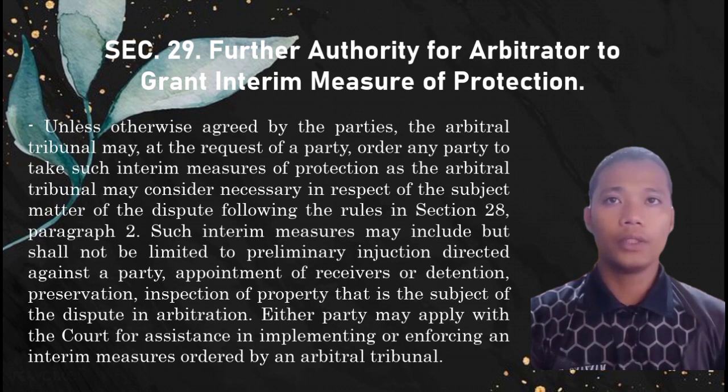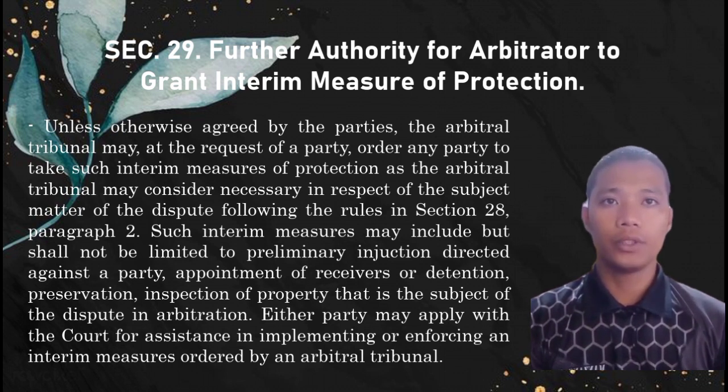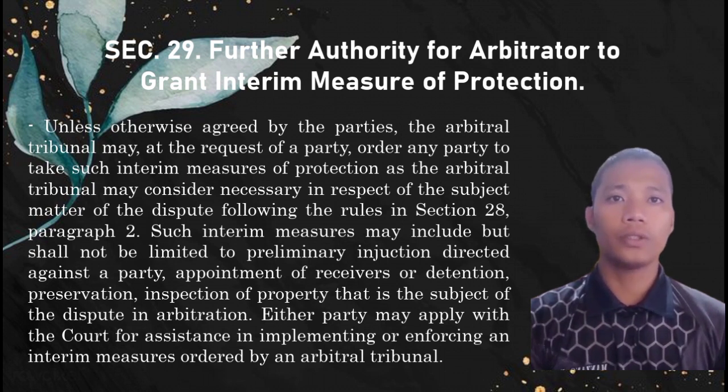Number 3. Reference to Section 28, Paragraph 2. The rules for taking interim measures are to be followed as per Section 28, Paragraph 2. Number 4. Examples of interim measures. The section provides examples of interim measures, including but not limited to preliminary injunctions against a party, appointment of receivers, detention, preservation, or inspection of property that is the subject of the dispute in arbitration.